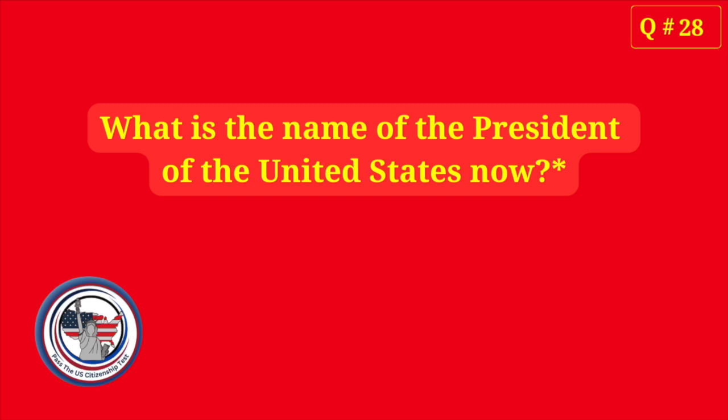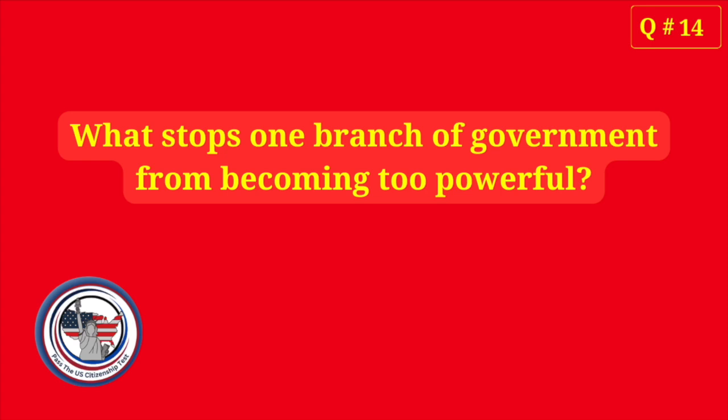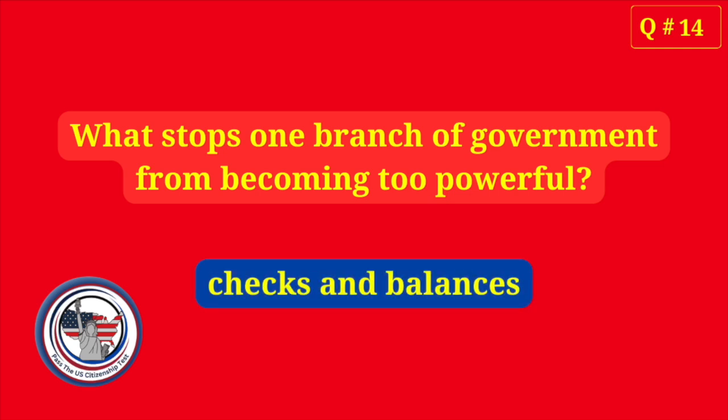What is the name of the President of the United States now? Donald Trump. What stops one branch of government from becoming too powerful? Checks and balances.